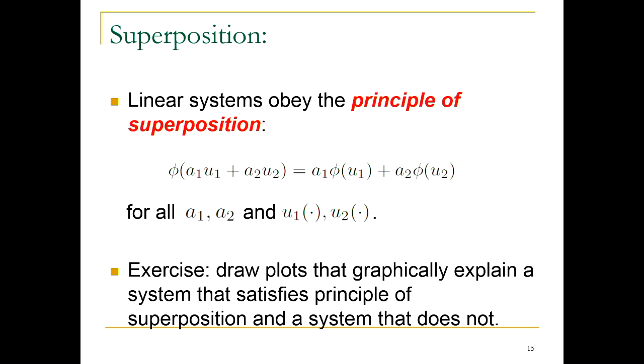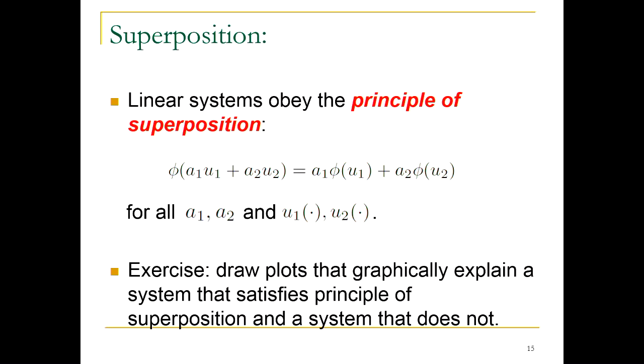So what does this mean? It means that if I perform an experiment with U1 and I get phi of U1, that's the output of this experiment, and then I perform another experiment with U2 and I get phi of U2, that's the result of the experiment, then I do not need to repeat the experiment for an input which is now A1U1 plus A2U2.